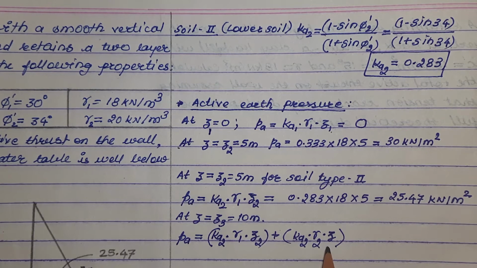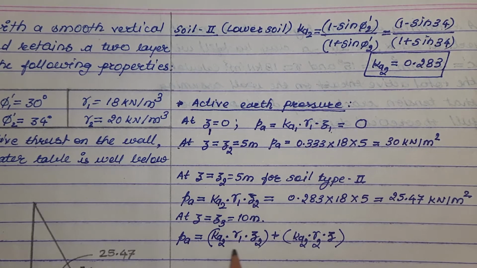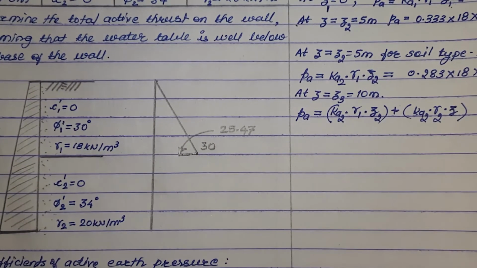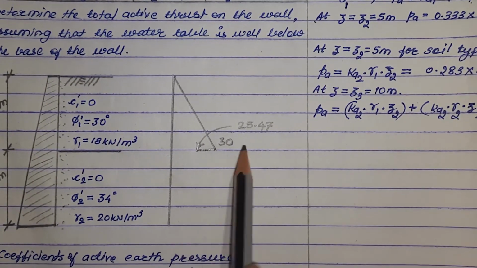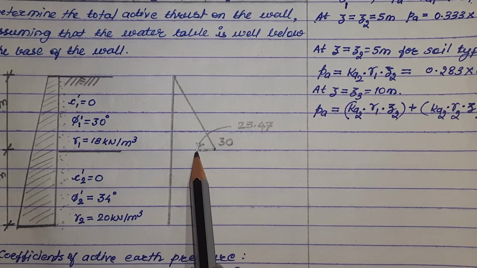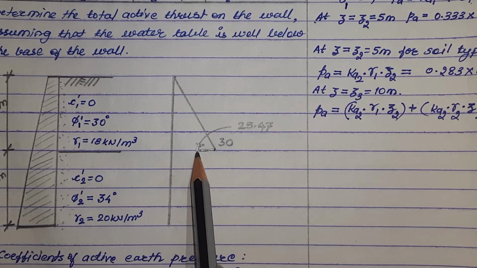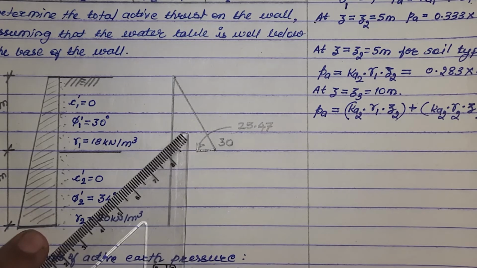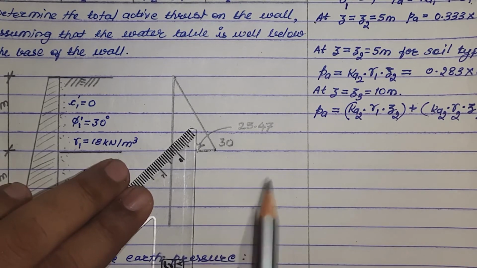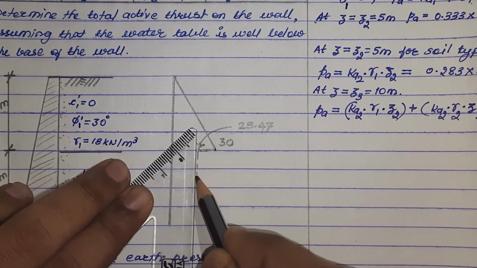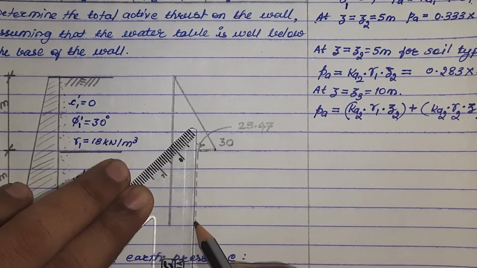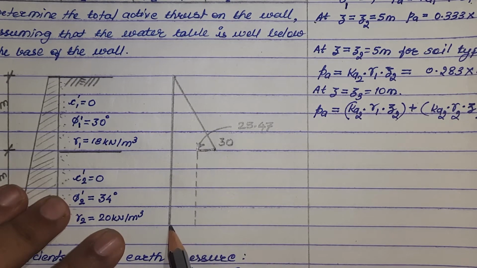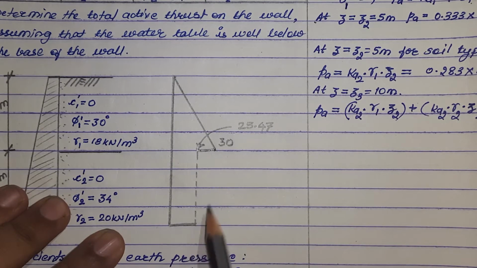Now here we will try to understand how this first term is written. See, here this is 25.47 pressure which will be acting at the interface. The same pressure would go down as a constant value. Alright, so what is the value at the bottom for this kind of pressure?